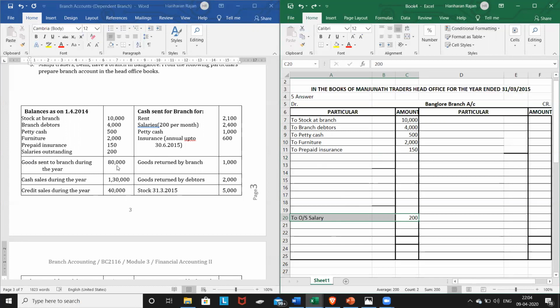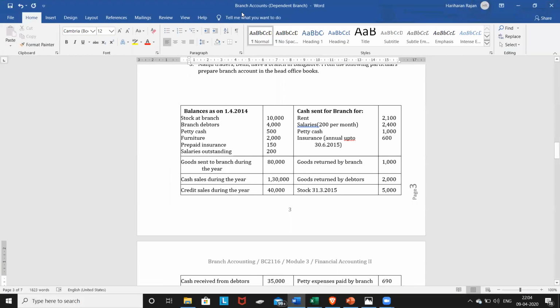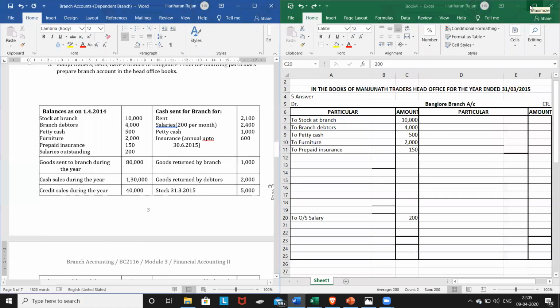So 80,000 minus 1,000. 80,000 says there's a return, minus 1,000. So 79,000.